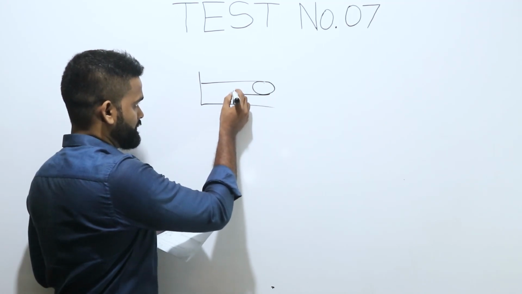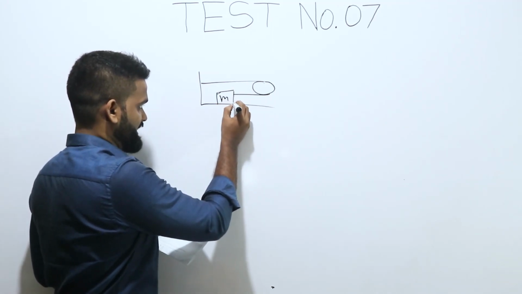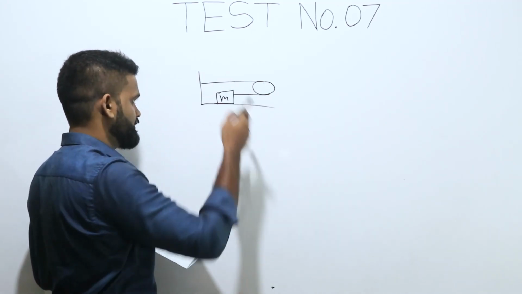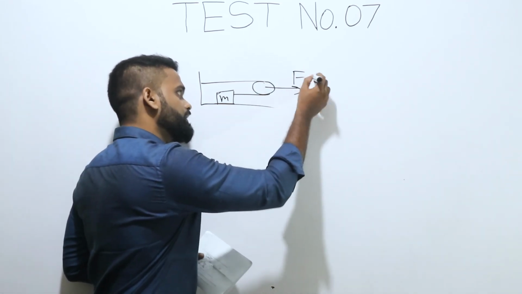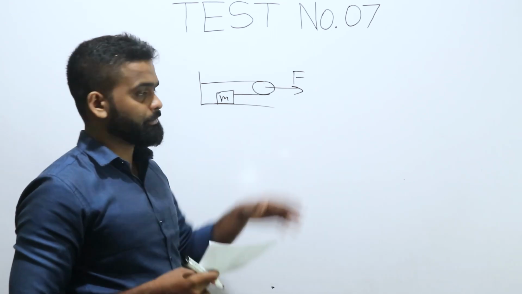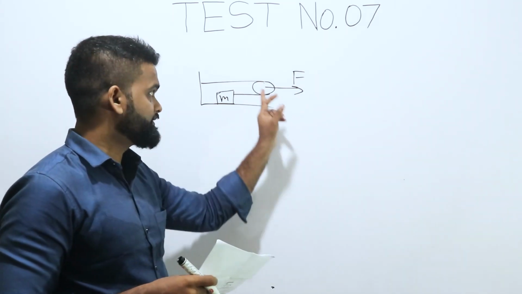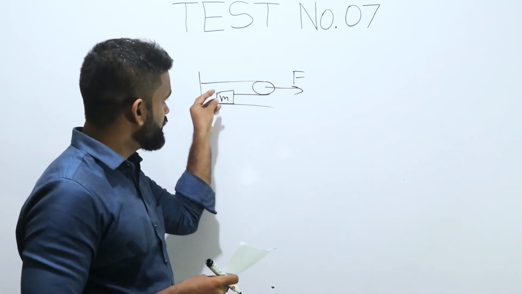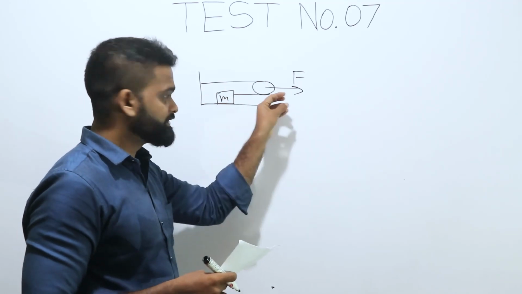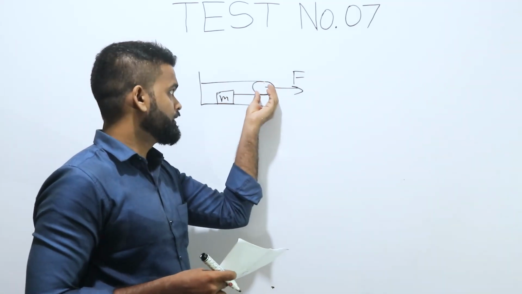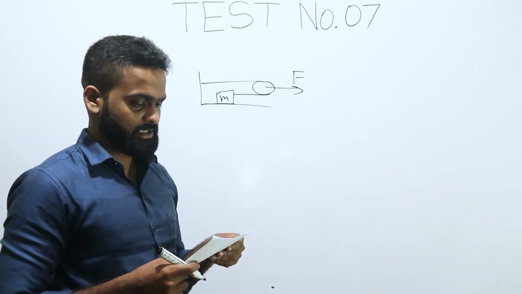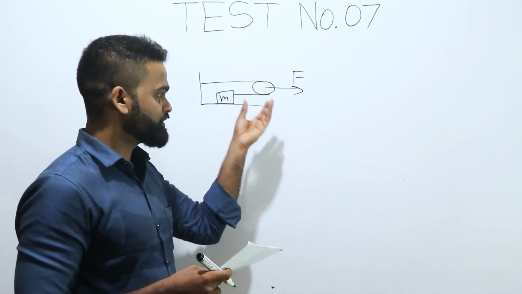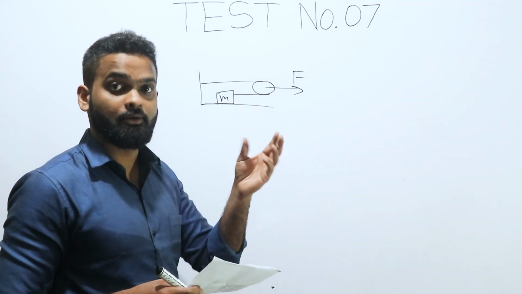To the other side, a mass M is attached, and all these surfaces are smooth. Then on the pulley, there's a force applied, that is capital F. If this F is applied, you know that mass M also tends to move to this side, since there's a force acting on the pulley. So what they ask is, in this situation, what should be the acceleration of the pulley?